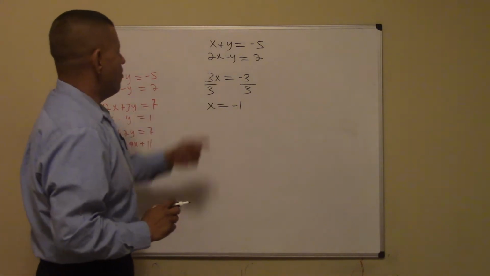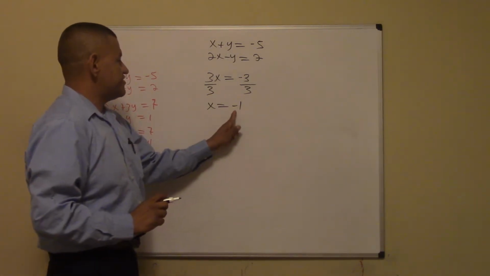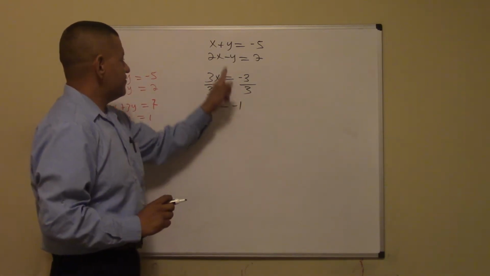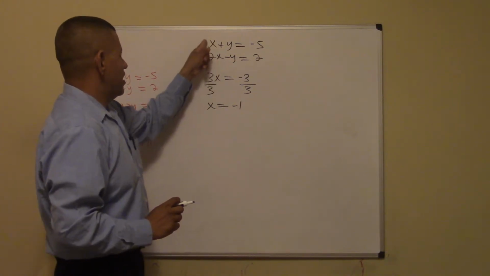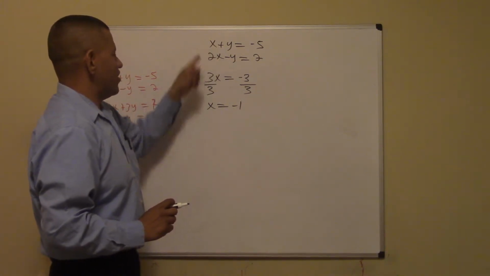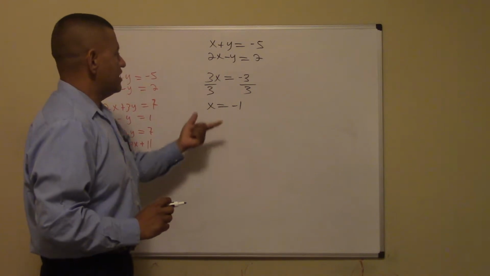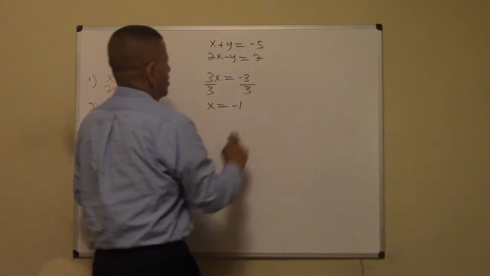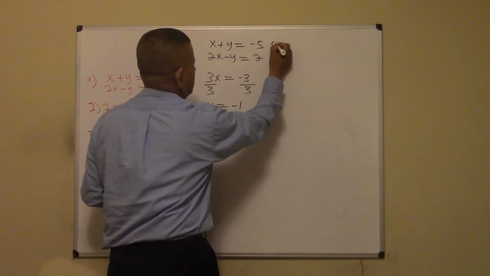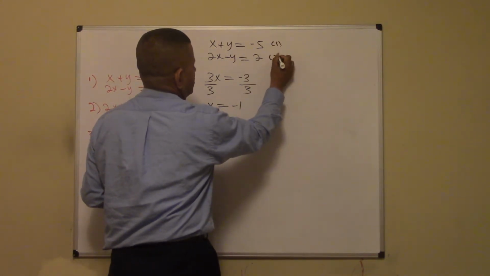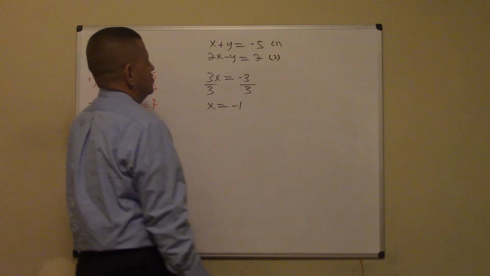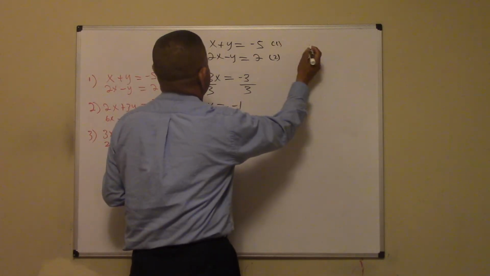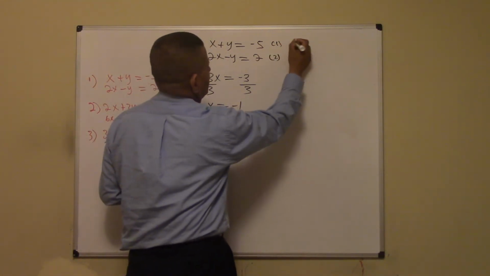Now, to find y, I just use this value and substitute it in either of these two equations, and I will get the value for y. Okay, so let's use equation number 1. You can call this number 1. You can call this number 2, right? So let's substitute in equation number 1.